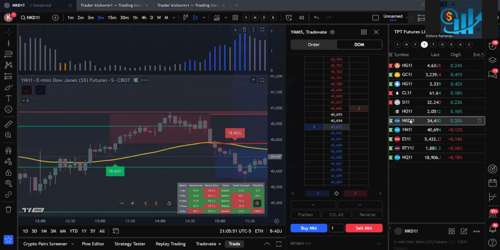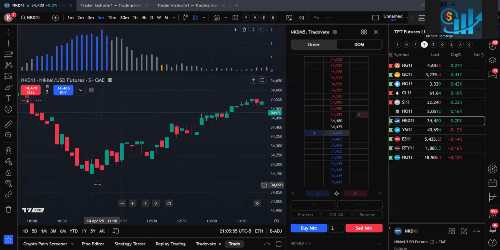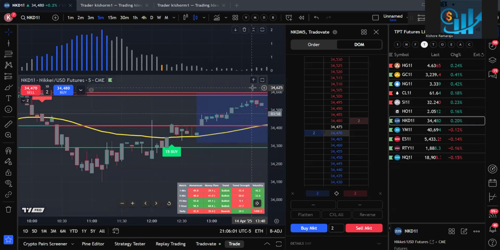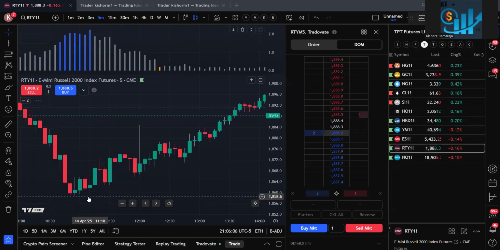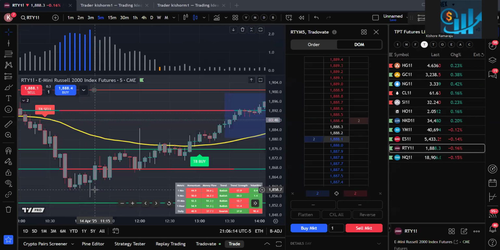And then even NKD also will move. NKD, same time, it's a huge move. RTY, same time, 11:10, huge bullish bar. It went all the way from 1860 to 1896.